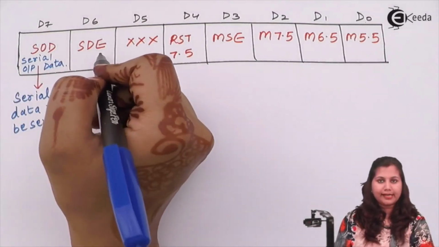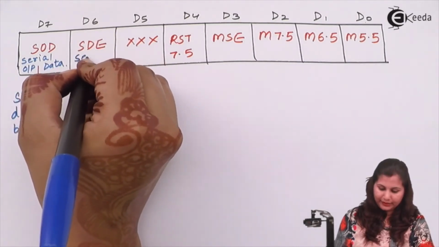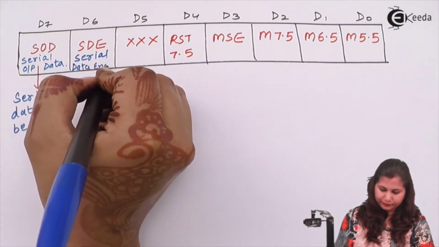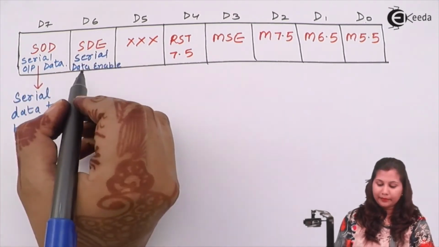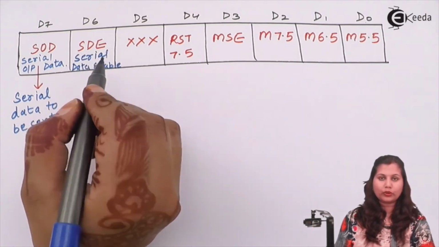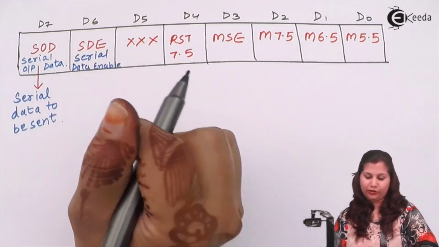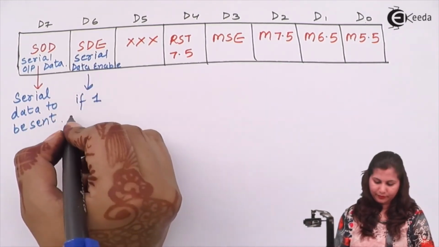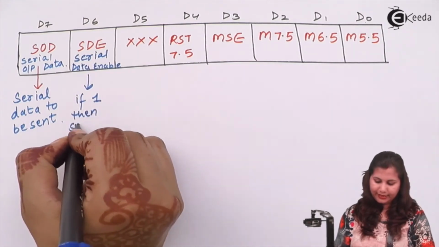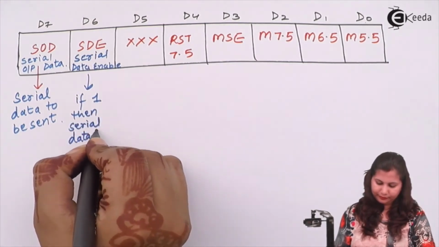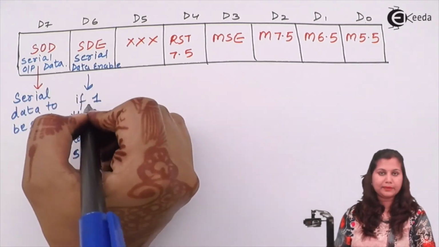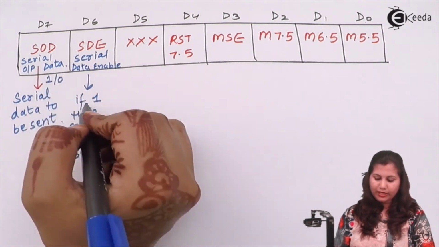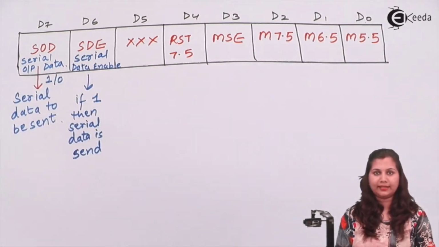The D6 bit is the SDE, whose full form is serial data enable. This bit is used to enable the serial data communication. If this bit is 1, then serial data is sent. If this bit is 1 and the D7 bit is 1 or 0, then that will be sent as the serial output data.